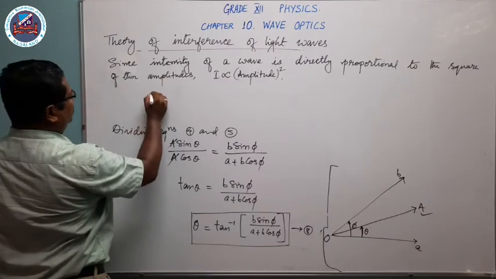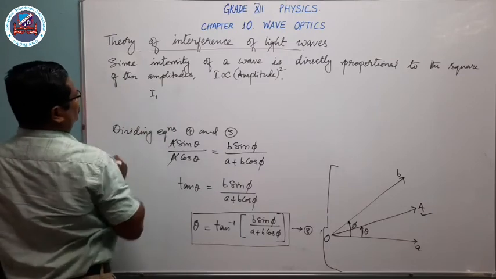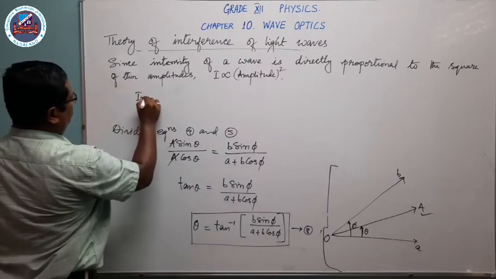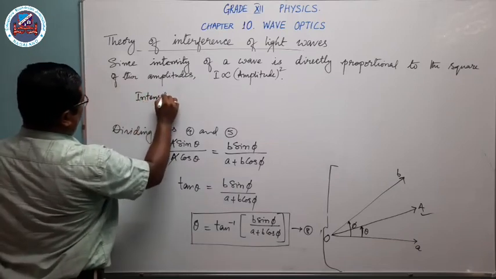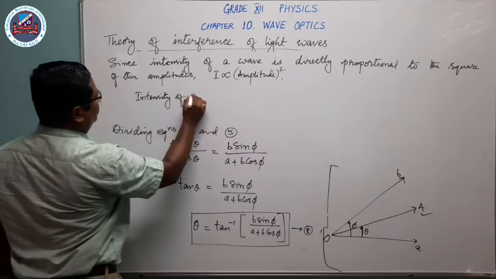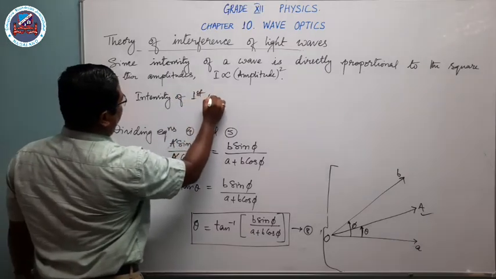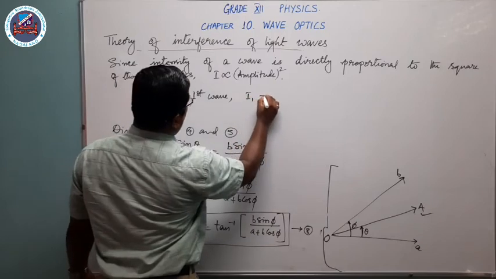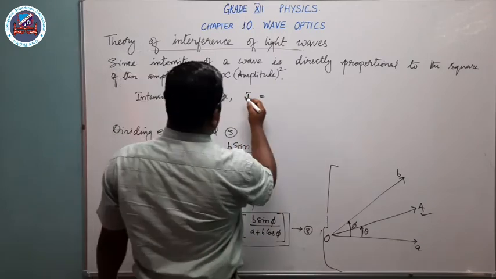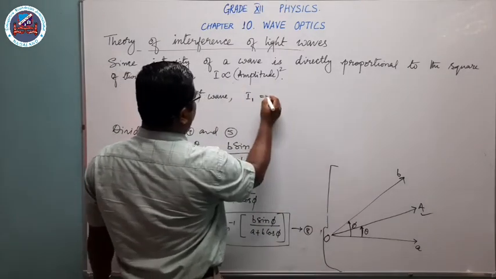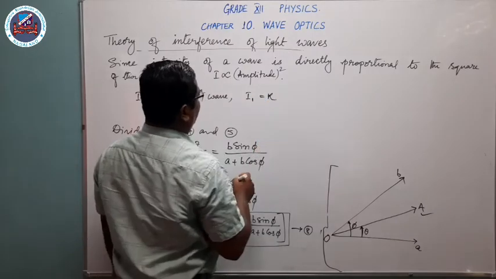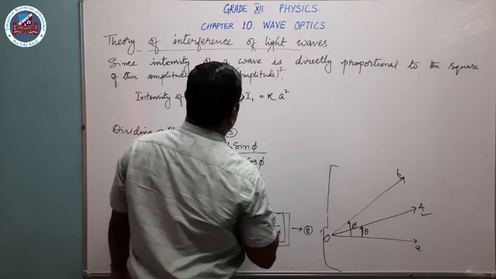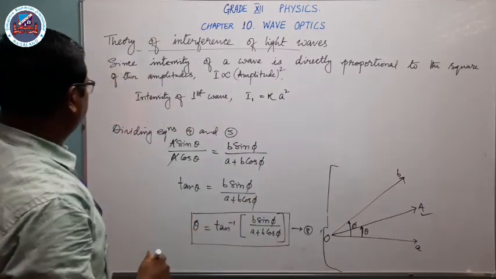Then for the first wave, intensity of first wave, I write it as I1, then it will be proportional, we take one constant k here, and the amplitude of the first wave is a, so it will be k a square.